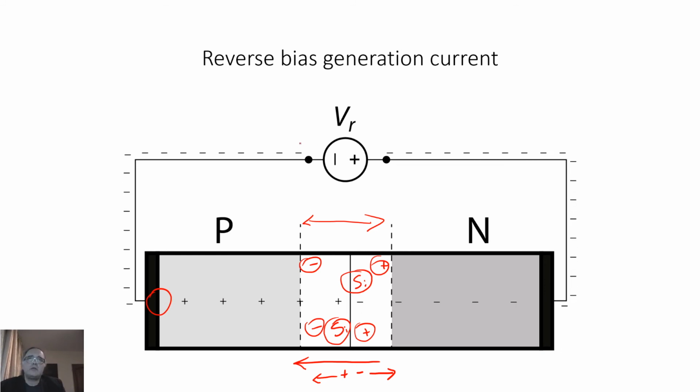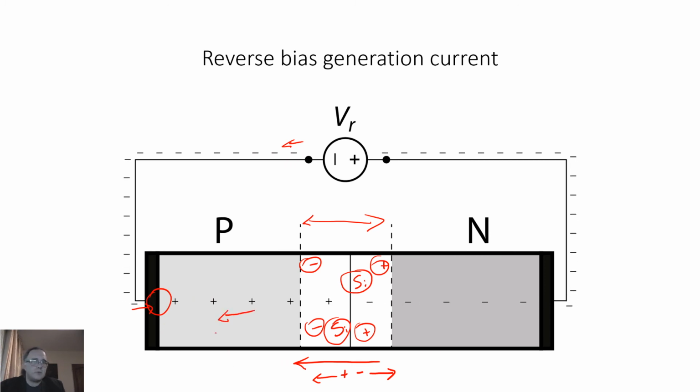So the electrons start from here, and they travel through the wire. Here they are exchanged for a hole, which is coming in this direction, a majority carrier in the P side. And they are generated inside the space charge region due to a simple thermal generation.